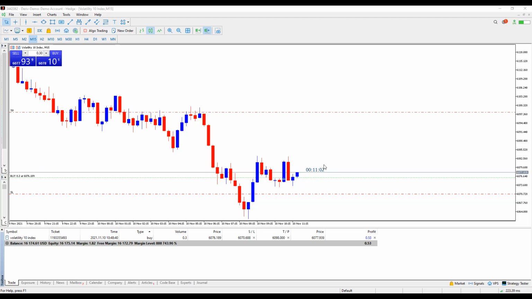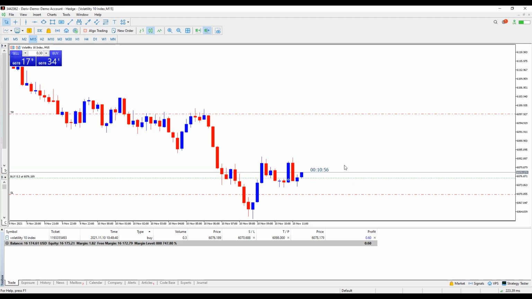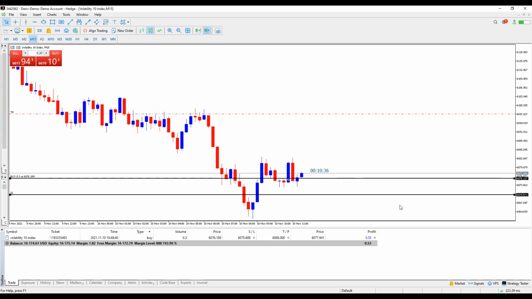Once you know this, it's very easy to say, okay, if I am buying, I want to show you something. Let's say you want to buy at this price level. Here we bought at this price level, so allow me to put this so that we can pick the numbers. And then we say we are going to put a stop loss right here.